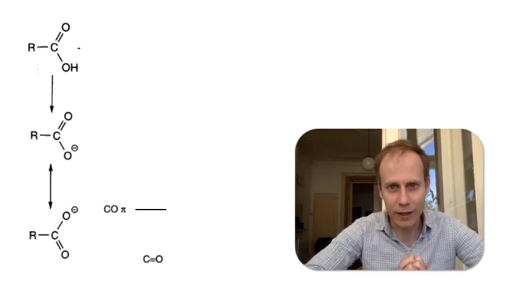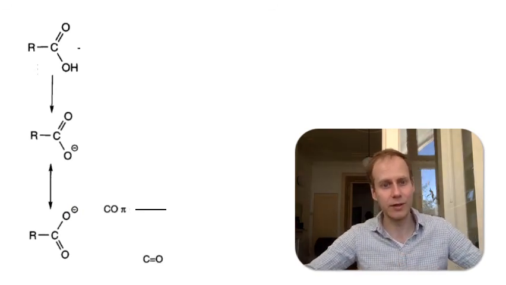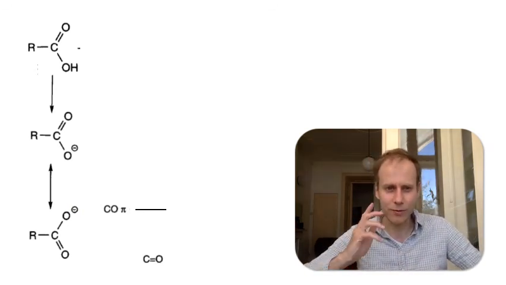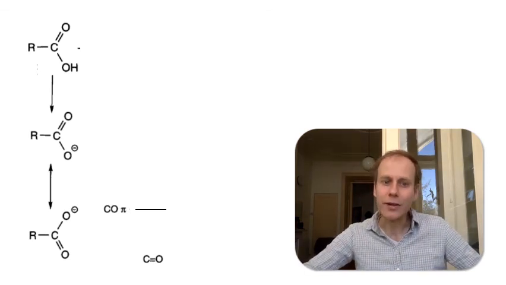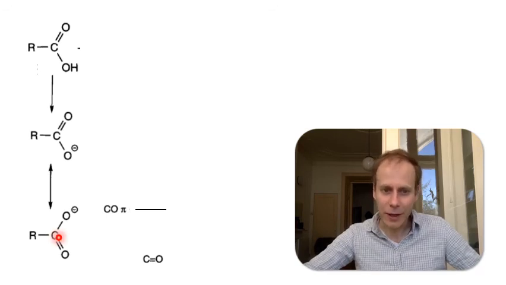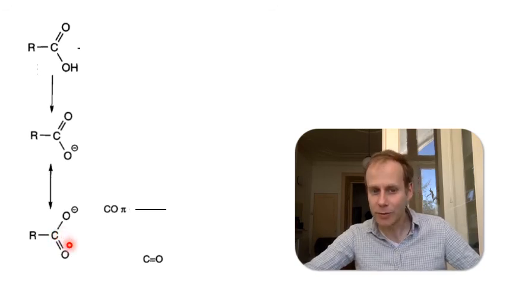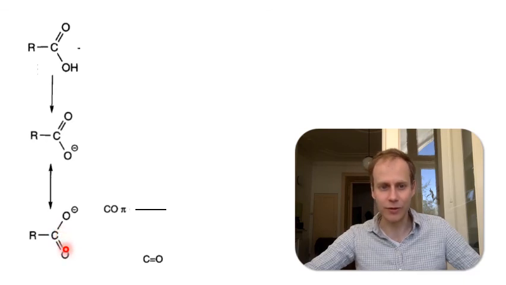So now we look at the energy levels that lead to the formation of this resonance pi network. First, there is an orbital that's involved, which is the pi orbital between the carbon and the oxygen, right?